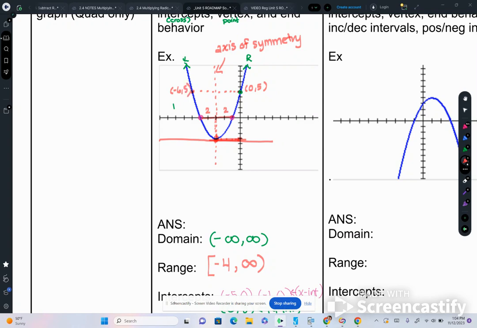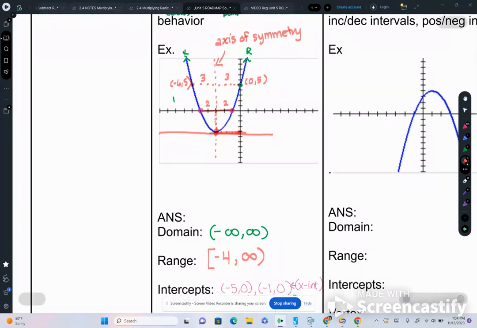So again, if this is -3, then this would be 3 spaces over to the 0. If this is -3 and you're going over to -6, this is 3 spaces. And so that's always true. It makes it really nice. That axis of symmetry keeps everything symmetric or equal distance from that line on both sides. Not that it's asking, but it's good to know.